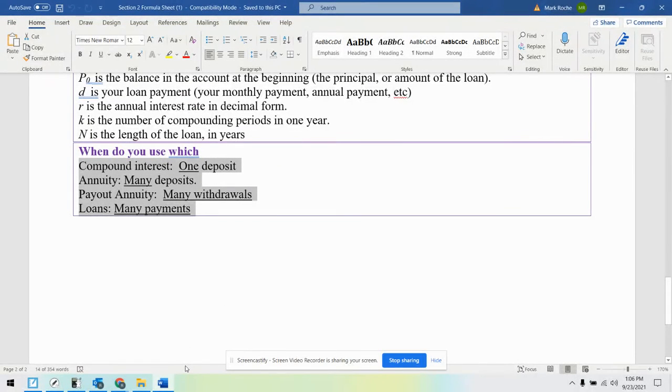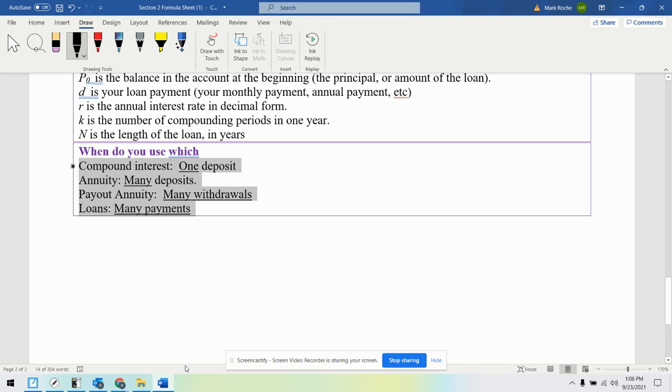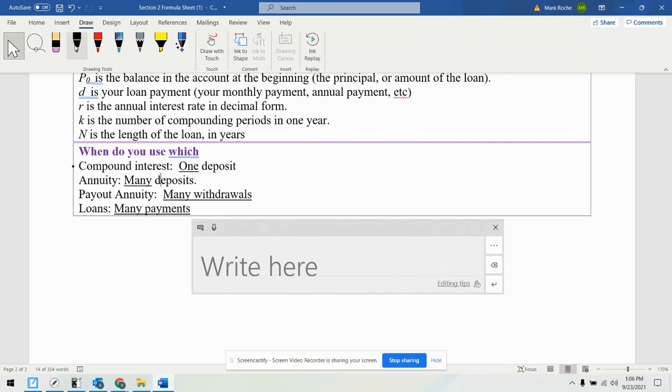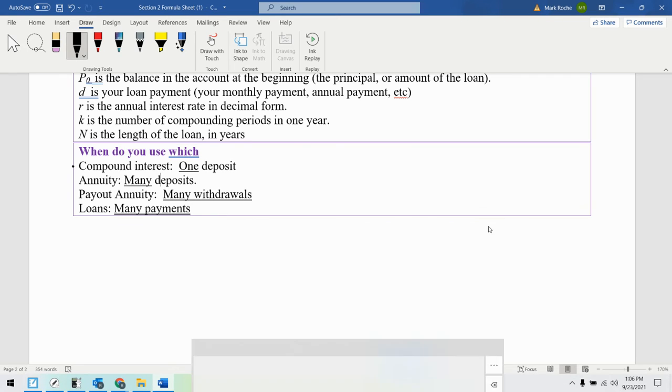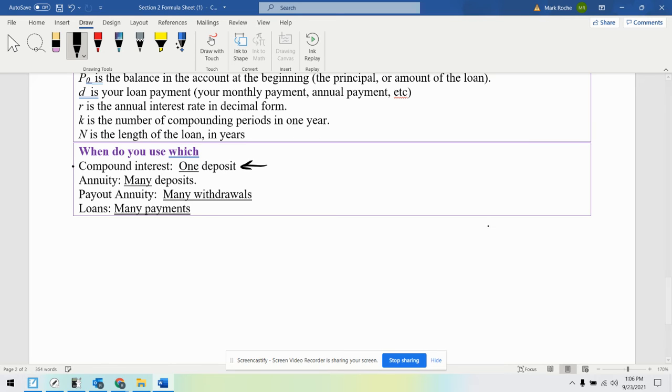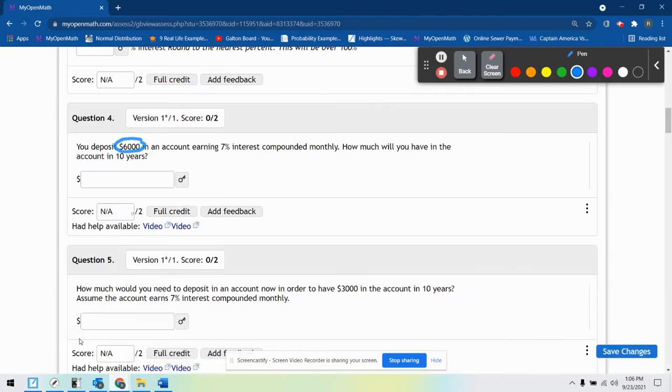So if you look at our when to use which, once you start seeing compound interest problems, you can safely assume that it's going to be one of these for the rest of the problem set. So since it's one deposit, it's going to be a compound interest problem. Okay, one deposit, this is compound interest.